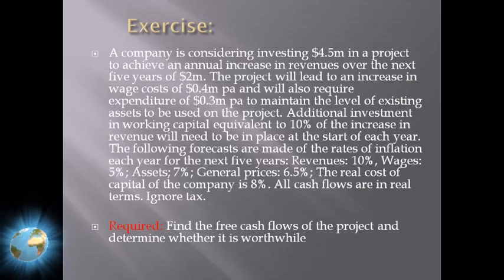The project will lead to an increase in wage cost of $0.4 million per year, meaning the cost is incurred each year, and revenue increases every year for 5 years. So this project runs for 5 years, and the company is considering investing 4.5 million.